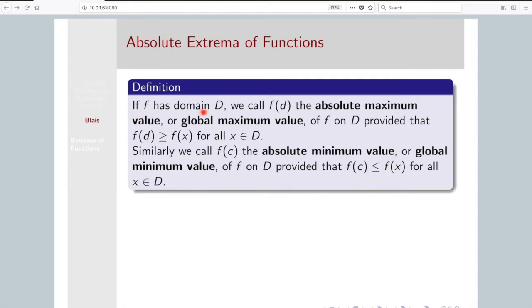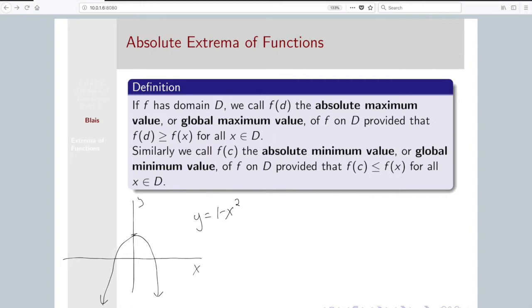If f has domain D, we say f(d) is the absolute maximum value or global maximum value of f on D, provided that f(d) is bigger than or equal to f(x) for all x in the domain D. This is the kind of situation like, say, y equals 1 minus x squared.